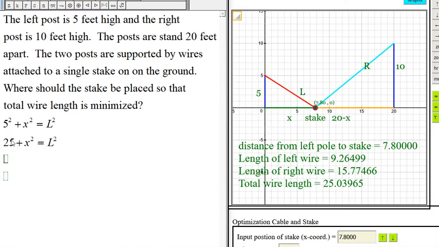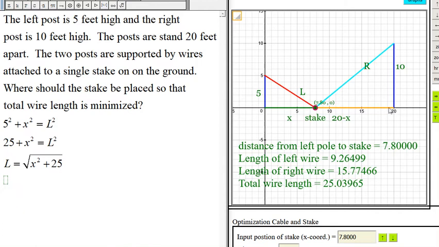And then take the square root of both sides. We're going to get L is equal to the square root of X squared plus 25. So this is the equation relating L to X.